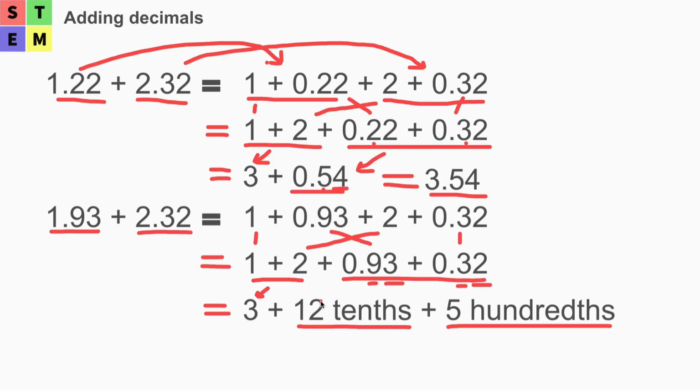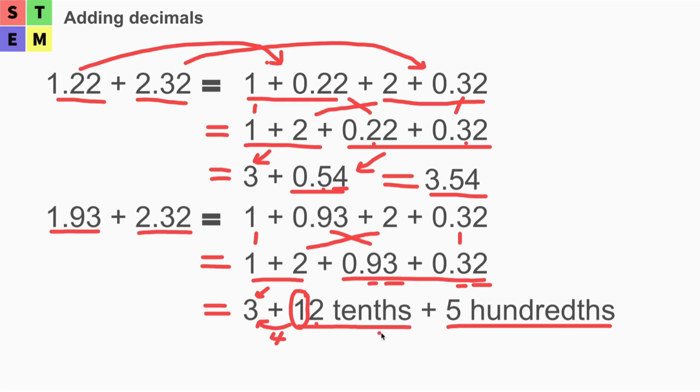So what we need to do with 12 tenths, again, is we got 10 tenths. Again, 10 tenths is 1. So we need to add this 1 to 3 plus 1, right? So that means we'll have 4 there. Obvious. So 3 plus 1 here is 4, what's left here?